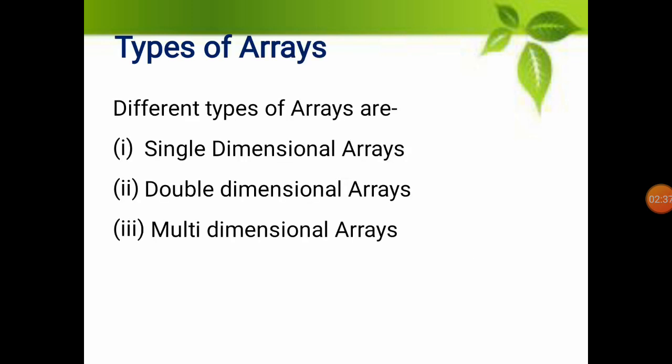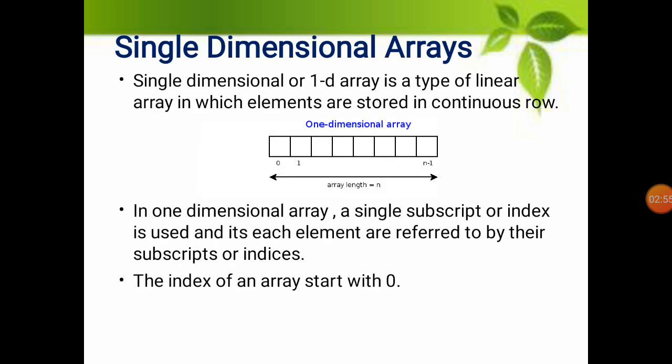Now types of array. The different types of array are single dimension array, double dimension array, and multi-dimensional array. Sometimes arrays are of two types, single dimensional array and multi-dimensional array, and double dimensional is called part of multi-dimensional array. So start with the single dimensional array.